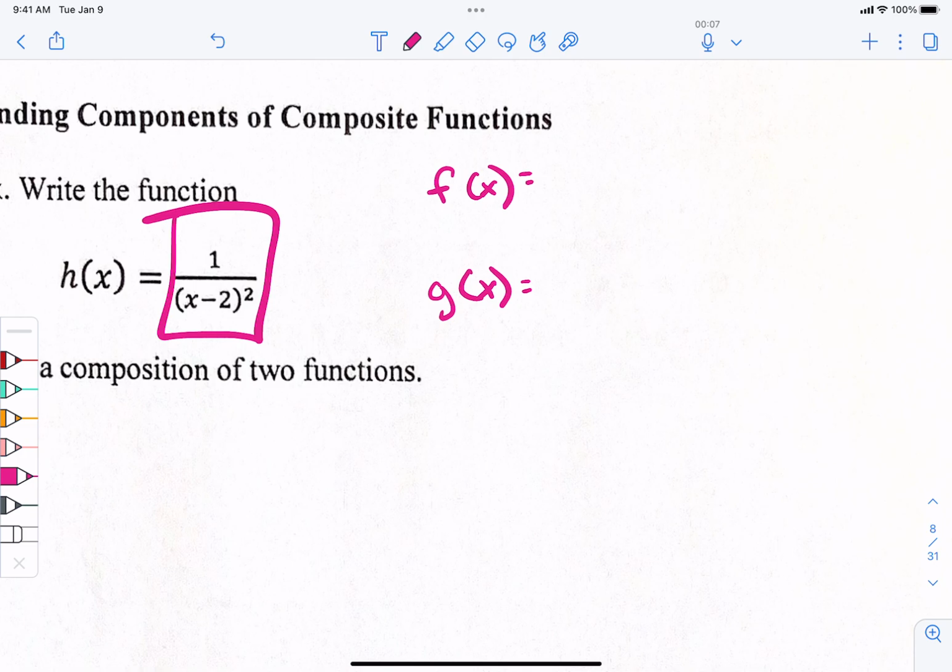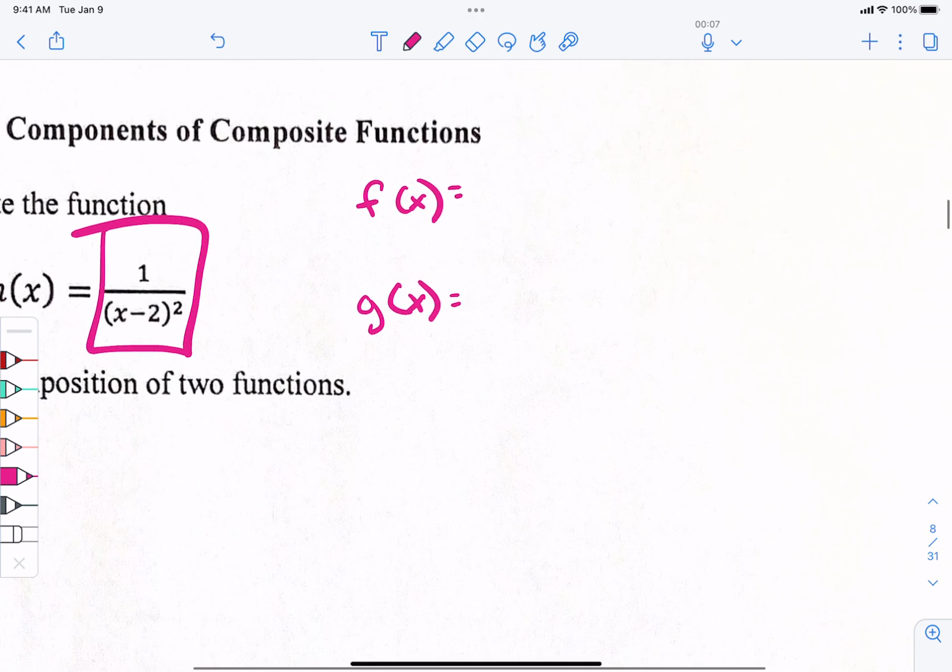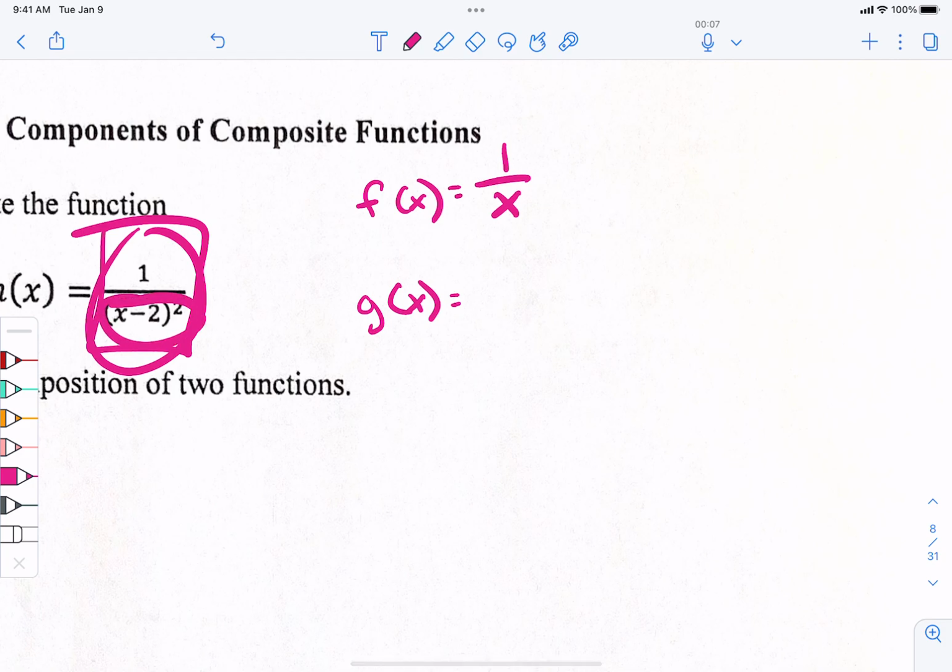There's a couple different ways that I can do composite functions. Some of them have a couple different answers, right? You only have to put one of them down, but if we're looking at pulling this apart, we could say that f of x is 1 over x, like 1 over this junk right here.